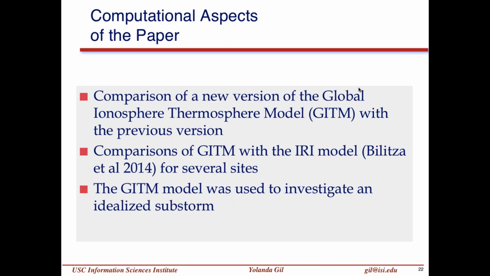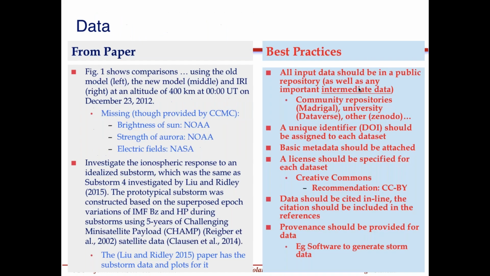Really what it does is it presents a new version of a particular model called GIDM, and it compares it with the previous version of the model. It compares GIDM with another model called IRI and its behavior in several sites. And then it kind of stretches the GIDM model by using it to investigate a substorm in the ionosphere. So those are the main aspects.